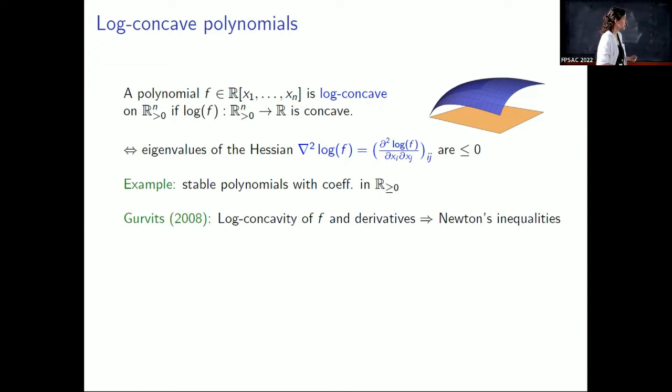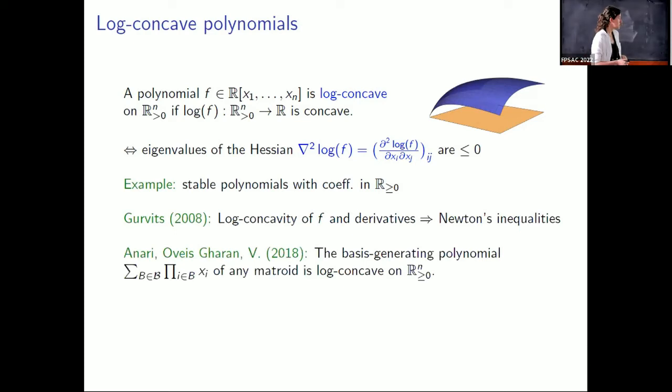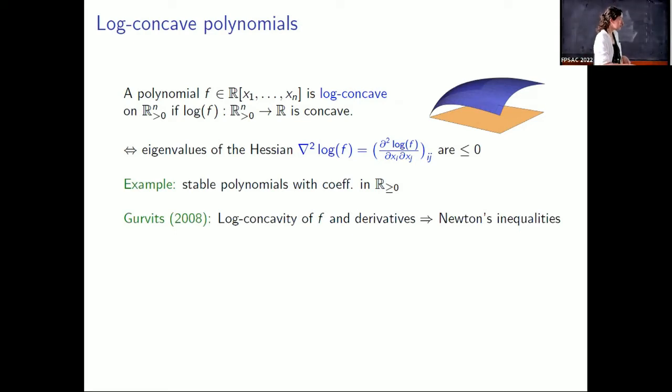And Gurvits in 2008 showed that the log-concavity of f and all of its derivatives in fact imply Newton's inequalities on the coefficients for univariate polynomials with this property, or bivariate homogeneous polynomials. So the idea is you can recover Newton's inequalities from log-concavity.